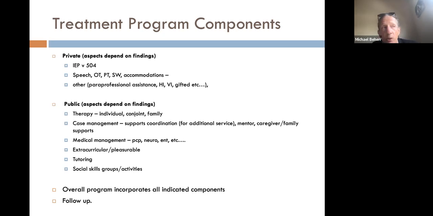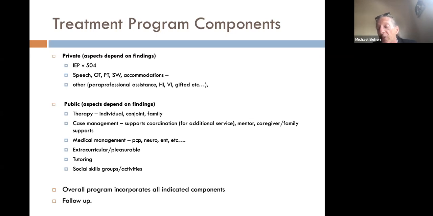In some cases, we'll want social skills groups to assist with social skills. Sometimes we'll want tutoring to help bolster the language. So overall, we would utilize all the resources in the school setting and in the community to develop a full program of intervention, and then run that program of intervention with some follow-up.